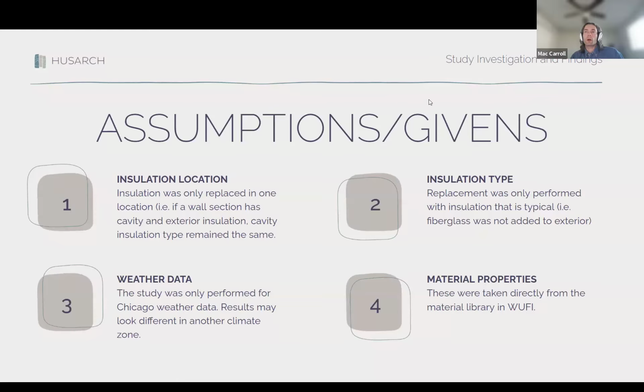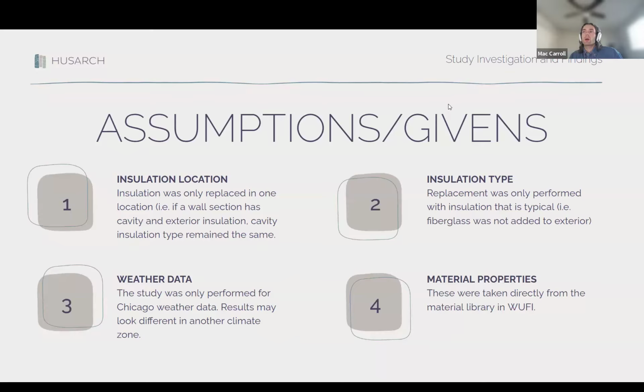We weren't looking at other places. If you tried this study in Alabama or something, you might have different results because of the higher relative humidity and the fact that it's a cooling dominated climate.